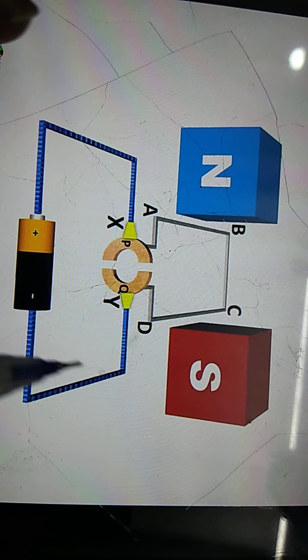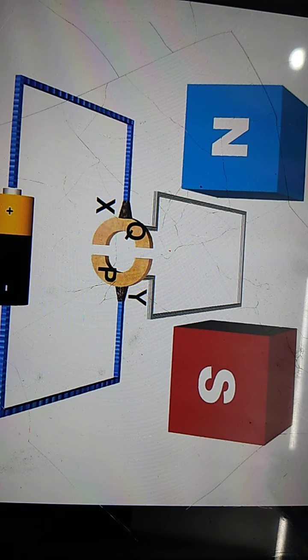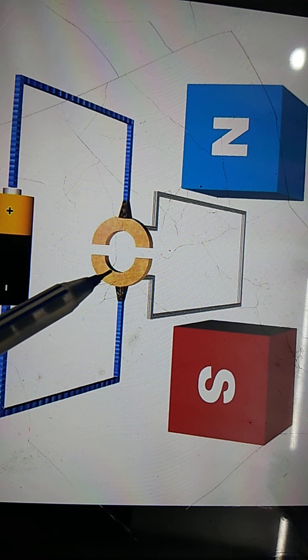It depends upon the position of the magnet, and also it depends upon the direction of the current. Clear?